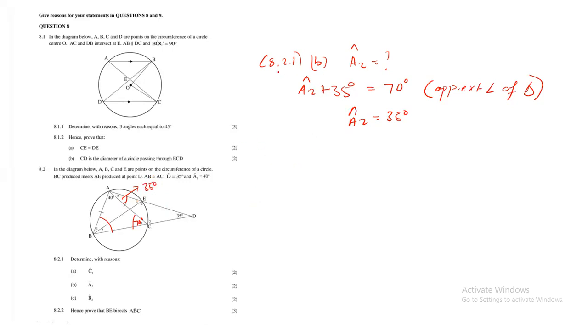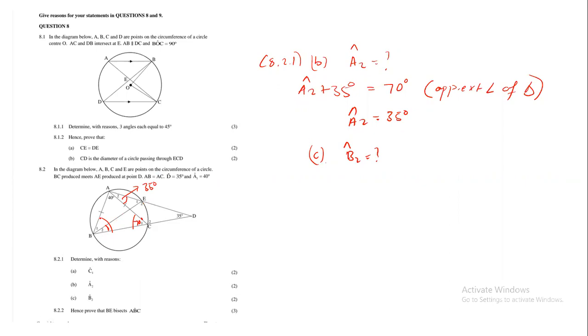And therefore, we move to 8.2.1c. It says we want to determine the magnitude of angle B2 in this case. Where is B2? You go back to your diagram. This is B2. But how are you going to determine this smaller angle, which is B2?